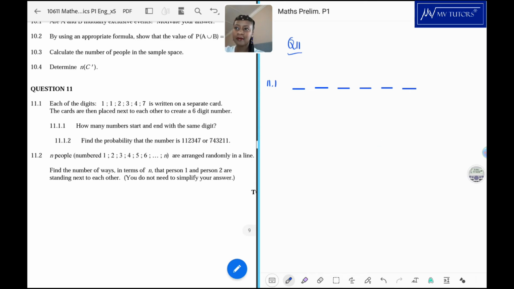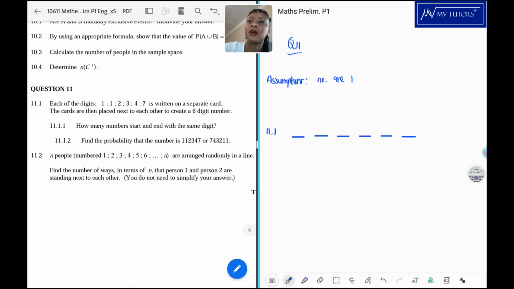If you are assuming that these numbers are identical, I'm going to go forward assuming that the numbers are identical. So let me state my assumption: numbers are identical. Yeah, that is my assumption.